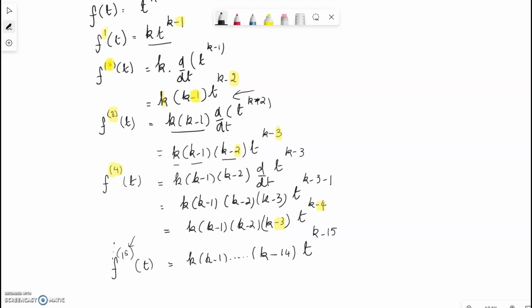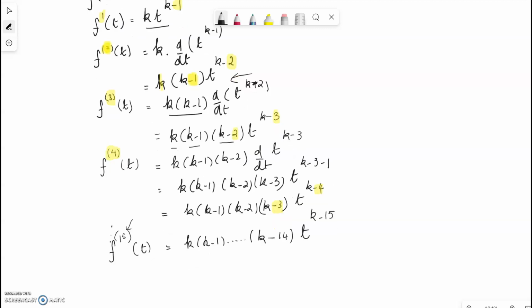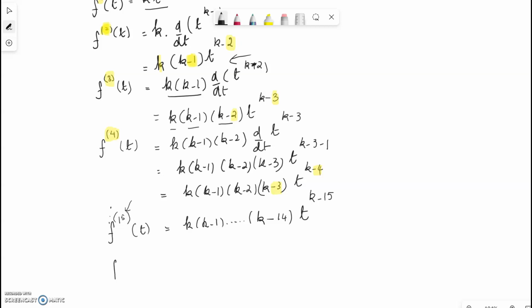Okay, so now if I had to find the kth derivative, so f k of t, that is the kth derivative. And what was our original function? F of t is equal to t to the kth power. So if I take the kth derivative, let's see what we get.